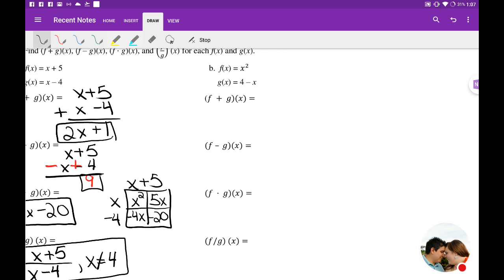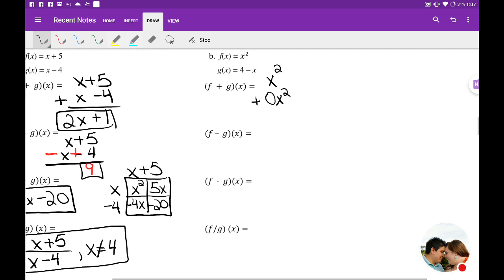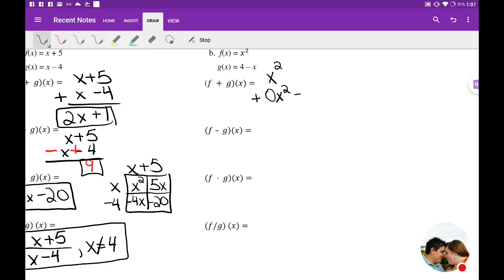For the next one, we have x squared as our f, and 4 minus x as our g. So when we add them together, we have x squared plus, there are no x squareds in the g function, but there is a negative x and a positive 4.